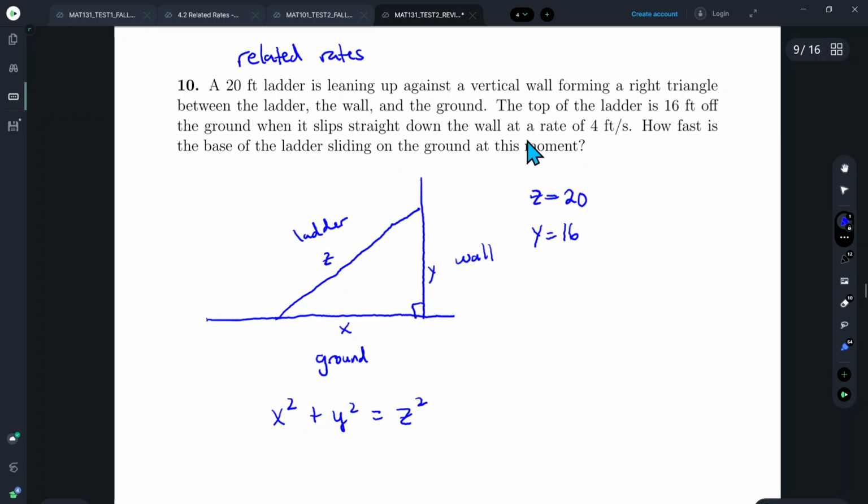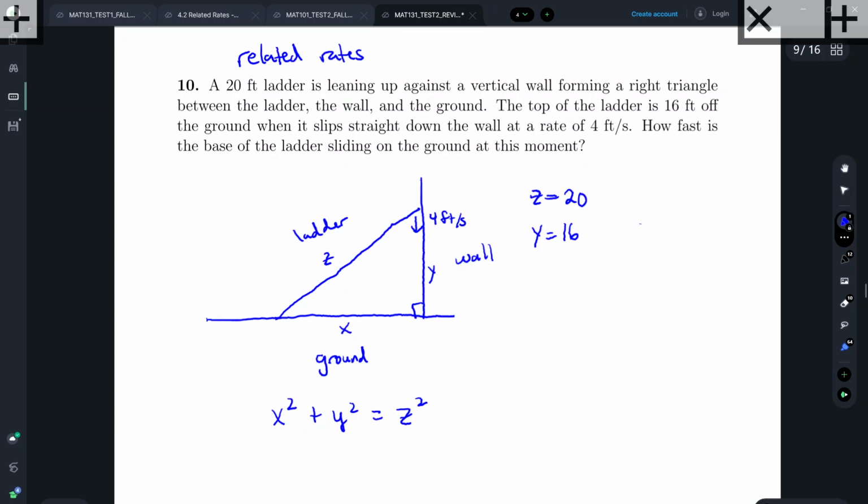And then it slips down at a rate of 4 feet per second. So that's this going down like this, so that's how y is changing. And because the ladder is going down, y is decreasing.